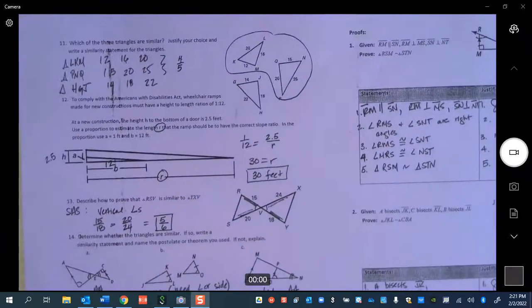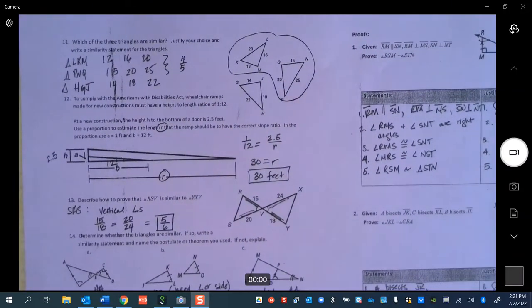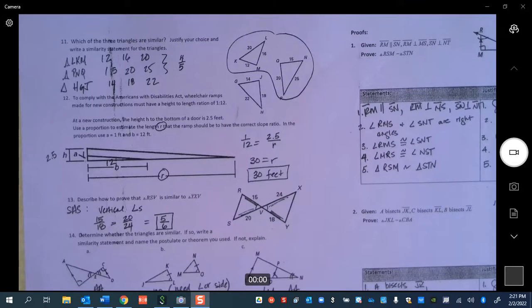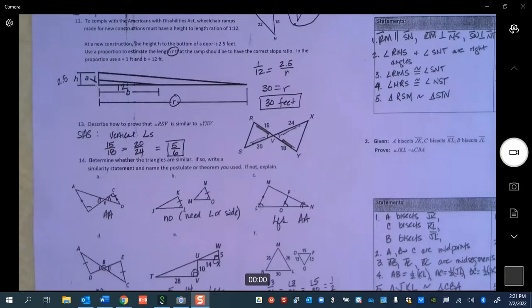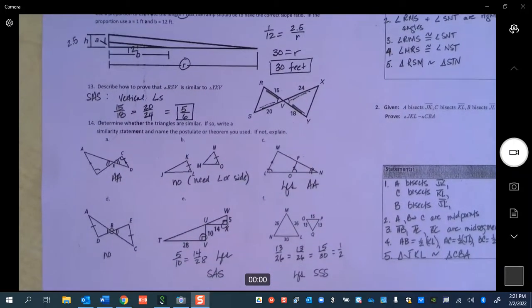All right, the back, the second page. The two triangles that are similar are the ones that have the same proportion through all the sides. My ramp has to be 30 feet long. Vertical angles, in addition to the corresponding relationship between my sides, side angle side.